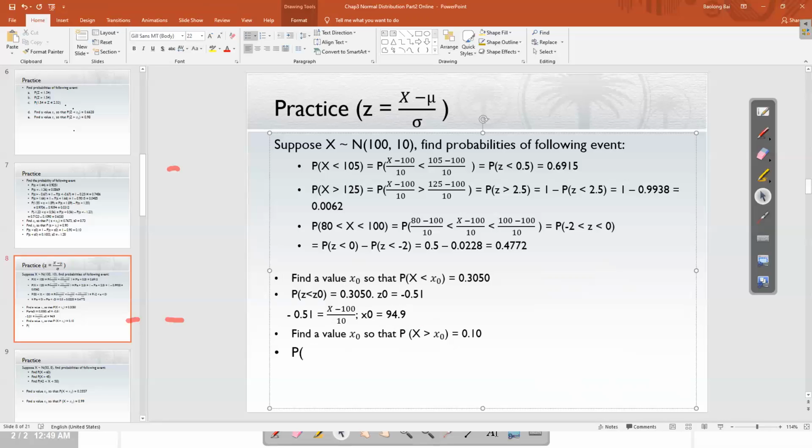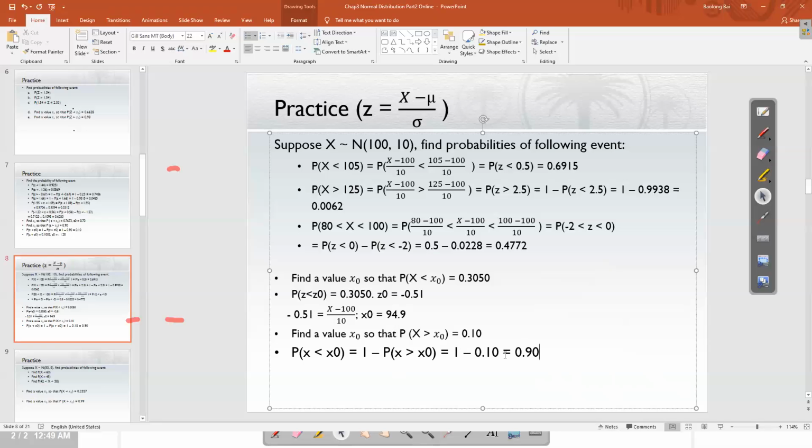So if the probability to the right of x of 0 is 0.10, what will be the probability of x to the left of x of 0? It will be 1 minus the probability of x greater than x of 0, right? So the total distribution for any distribution is 1, right? So to the left and to the right, they add up to 1. So then this will be 1 minus 0.1 will equal to 0.9.